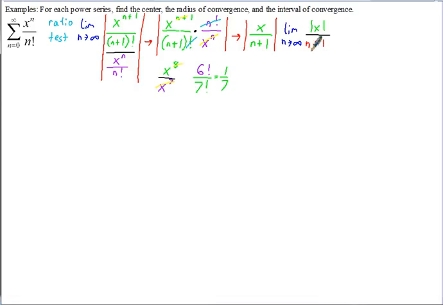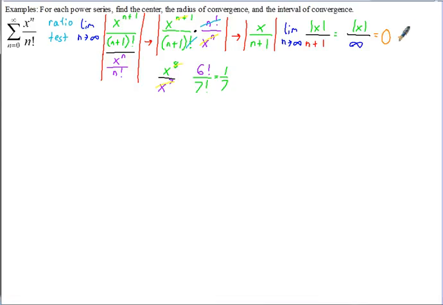So then if we substitute in infinity for n, the absolute value of x divided by infinity, the 1 is negligible. Well, absolute value of x over infinity, no matter what x is, it's going to be some number over this huge number, so it's going to get closer to 0. So that's 0.